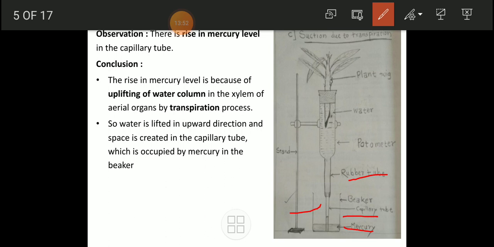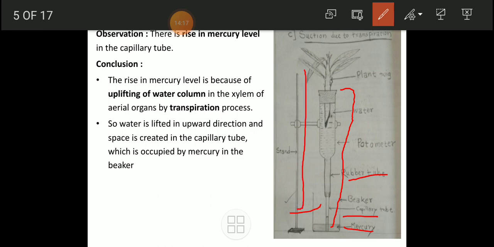Then this instrument is the potometer, in which we have added water. The cork is there and a healthy plant twig is inserted into that cork, my friends. And the potometer is fitted to this stand. So this is the requirement.